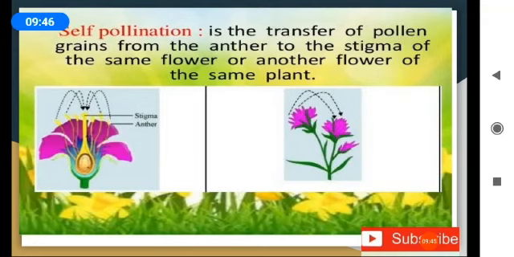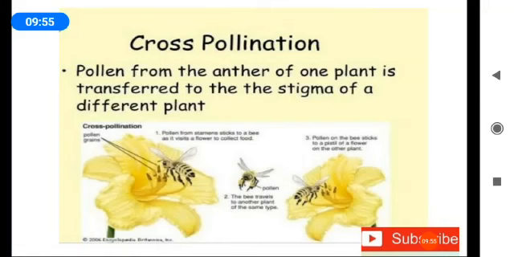In bisexual flowers, only self-pollination takes place. Cross-pollination: pollen from the anther of one plant is transferred to the stigma of a different plant.